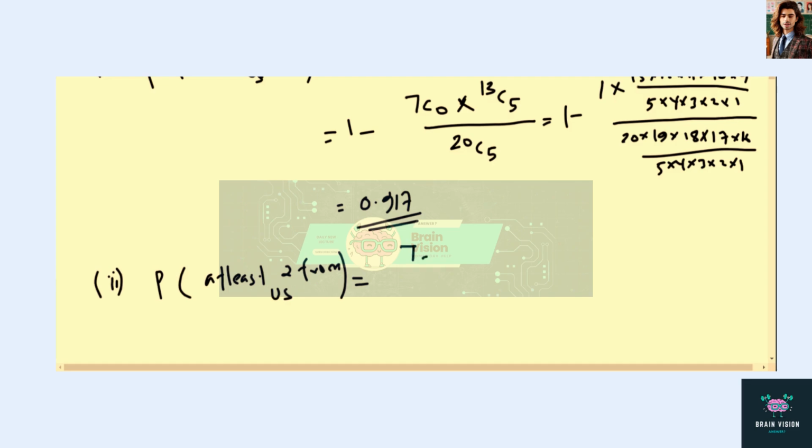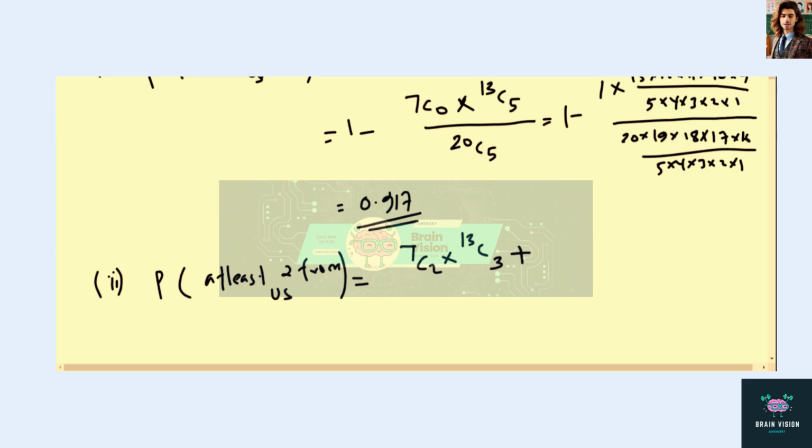From there you are selecting 2, meaning 7C2, into the remaining, which we'll be selecting from the remaining 13 orchestras. So 13C3 will come. Total 5 selection is required. So 7C2 into 13C3 will be one of the options.